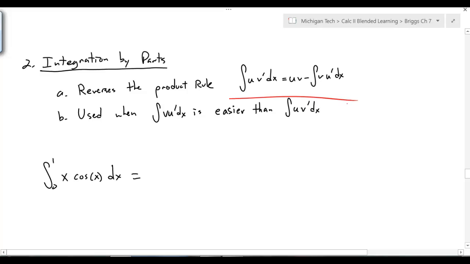We use it when the integral on the right-hand side is easier than the integral on the left-hand side. The real trick here is to identify u and dv, then we find du, and then we calculate v, and we plug it in and go through the process.